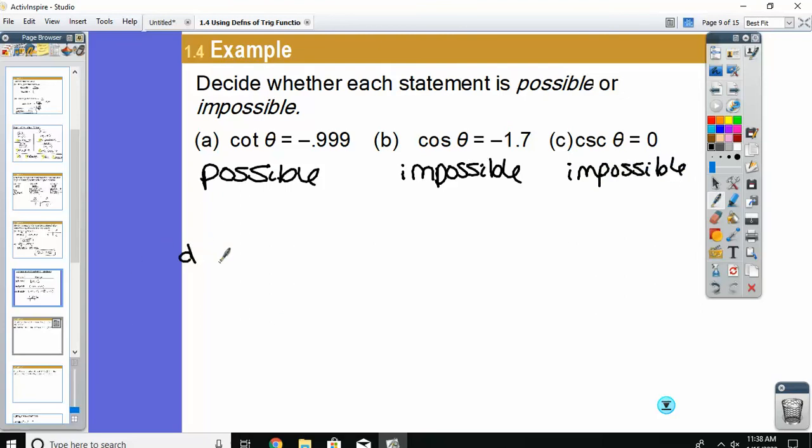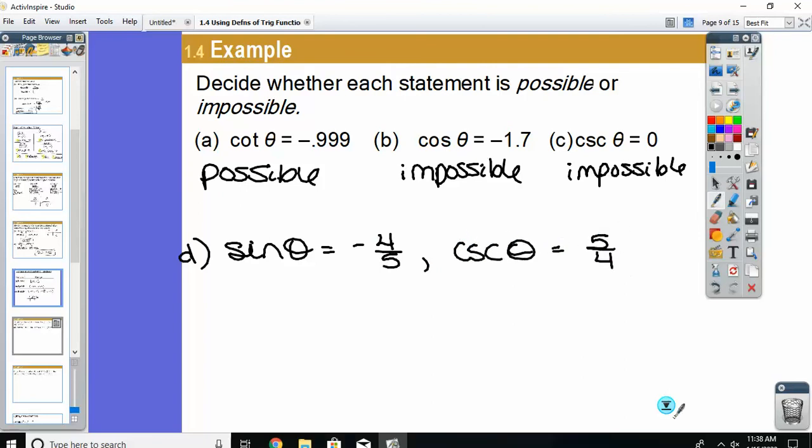I'm going to put one more up here. Is it possible that sine equals -4/5 and cosecant equals 5/4? Can sine equal -4/5?